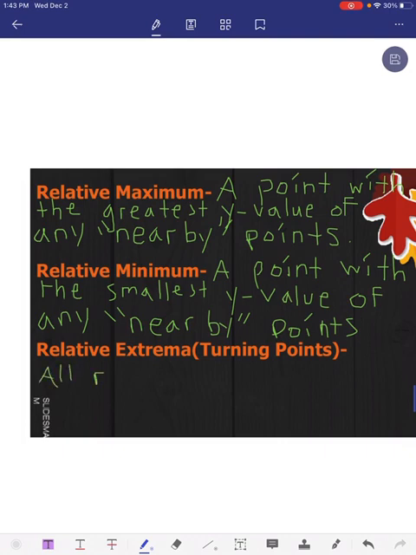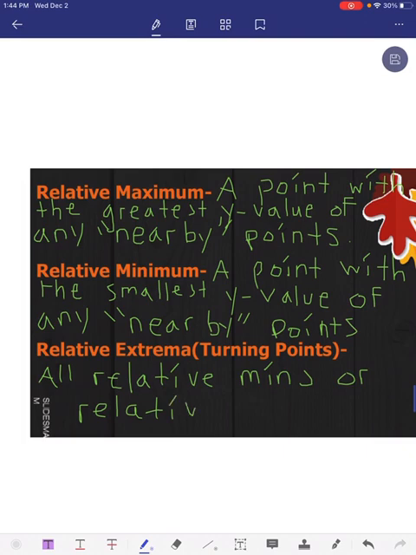And relative extrema is just another word for saying all relative minimums or relative maximums. These are called turning points because it's where the graph is going to turn directions.